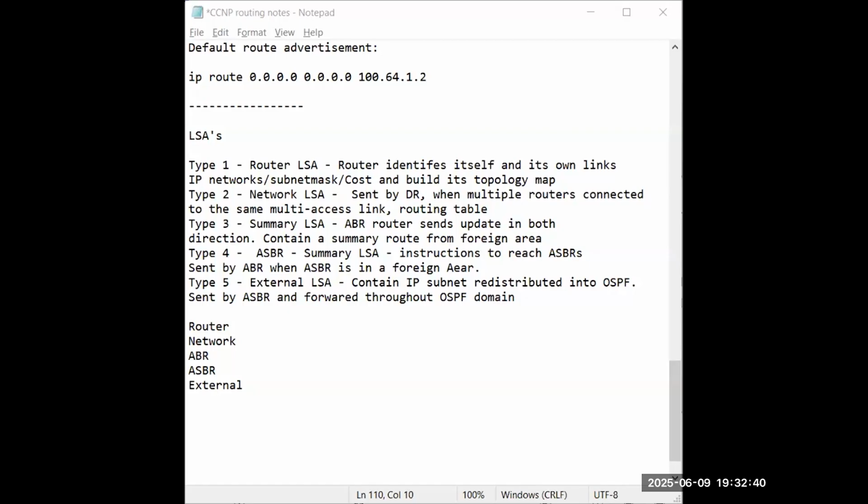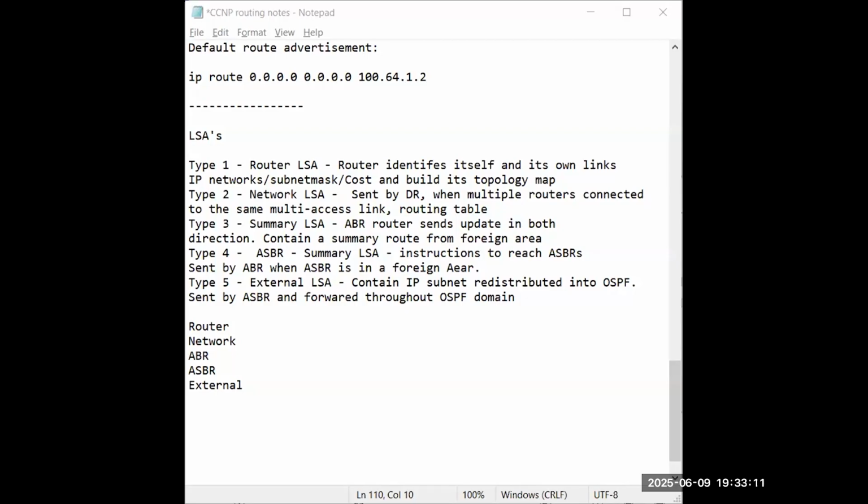So instead of RIP or EIGRP, which send the routing table information, OSPF splits this routing information into different types of link state advertisements, and each of these is going to contain specific information only, not the entire routing information.